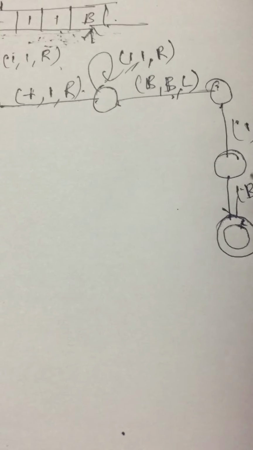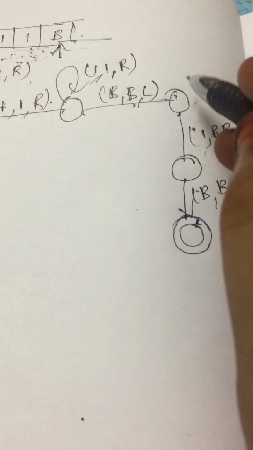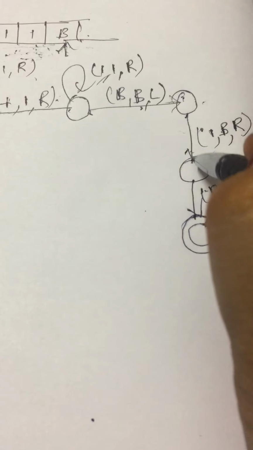So this is how we are going to perform. Here I don't have enough space to expand these states. That is the reason I drew it like this. If you have enough space, you can just draw it straight, no problem. Now let us name the states.